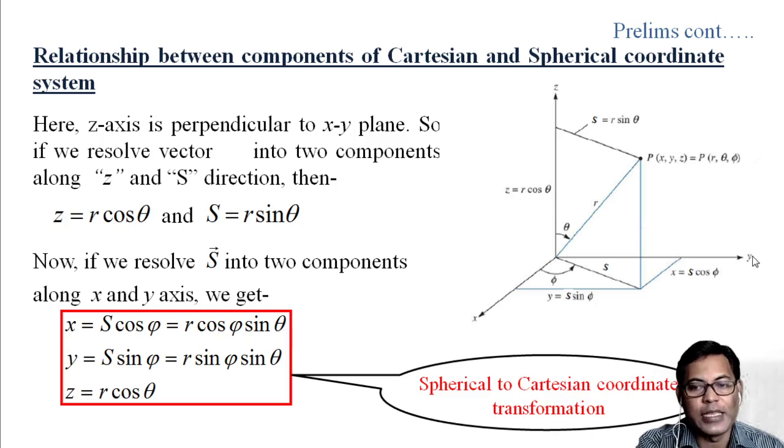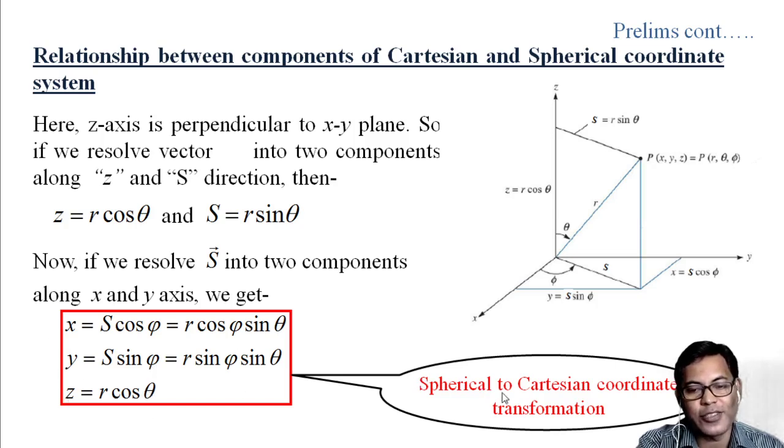Similarly, y will be equal to s sin phi, and we know s. So, y will be equal to r sin theta sin phi, and we already have z equals r cos theta. So, if r, theta and phi are known to us, then from these relationships we can find out x, y and z.